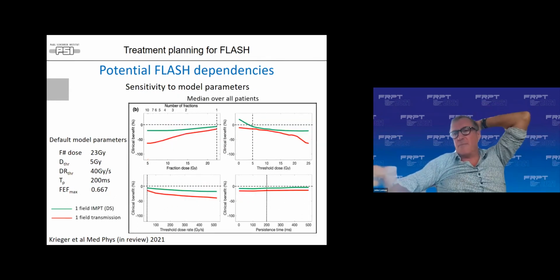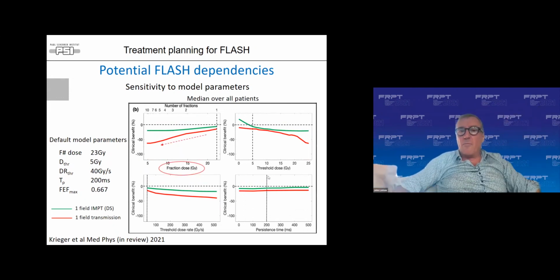Let's say we just take the median values. Then we can see that as the number of fractions increases, this is 1 fraction going to 10 fractions, or conversely, as the fraction dose increases, of course, we're getting some improvement in the clinical benefit, but on average, the one field IMPT plan, PBS, or the one field transmission, are always giving worse clinical outcomes than the conventional plan.